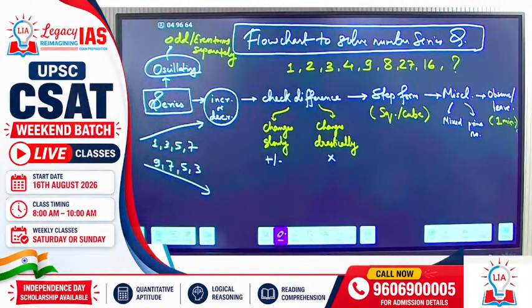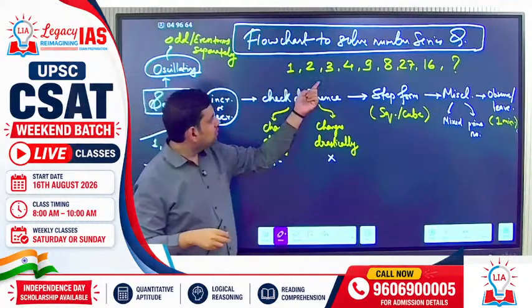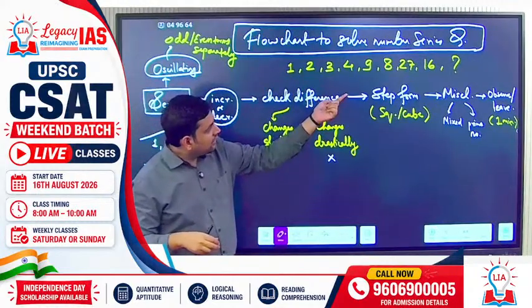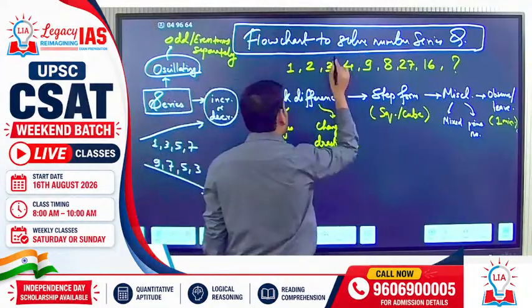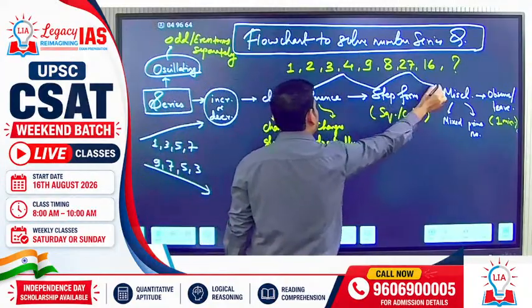See, so basically what is happening here? You see here 1, 2, 3, 4, 9, 8, 27, 16. So what is happening? It is increasing, then decreasing like this.